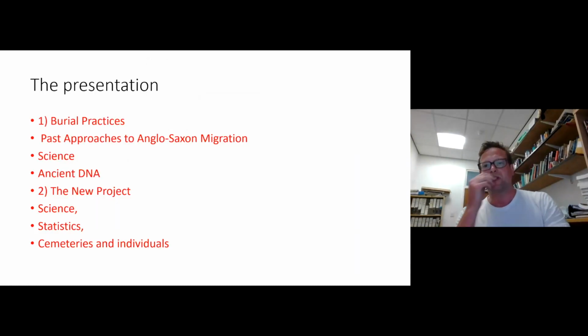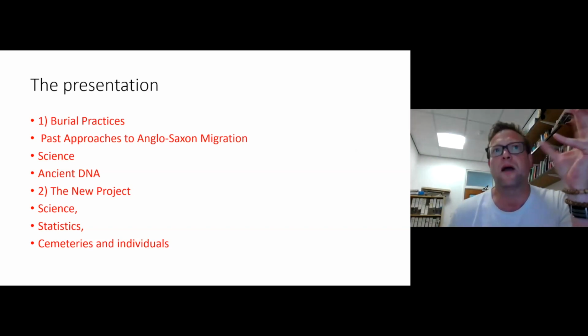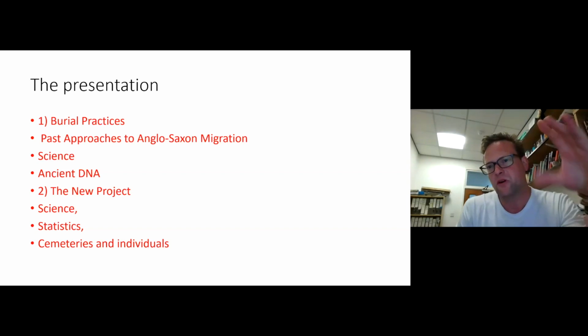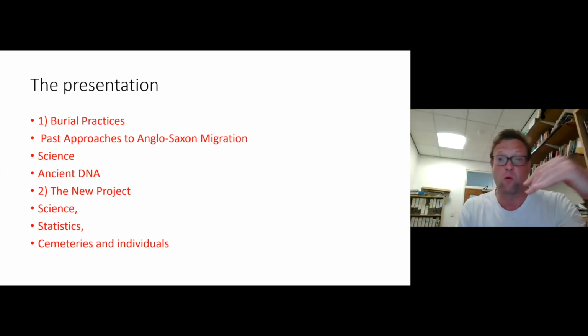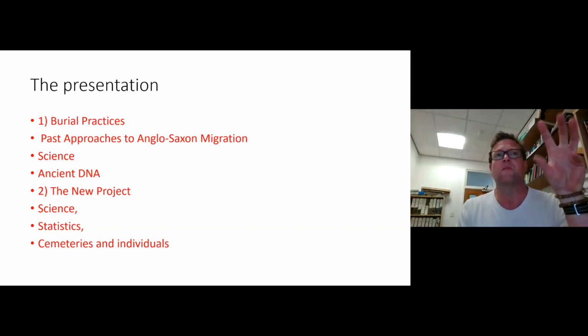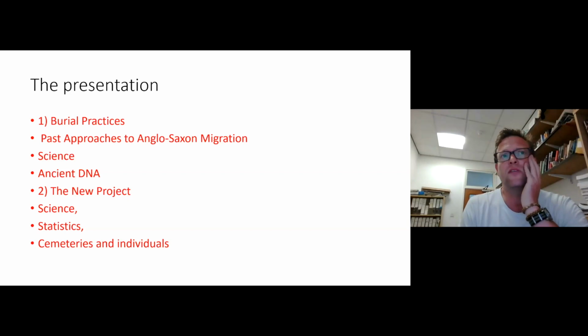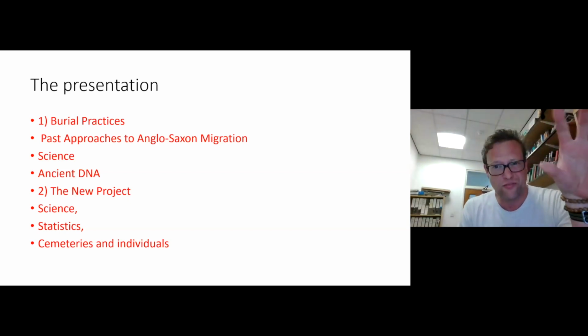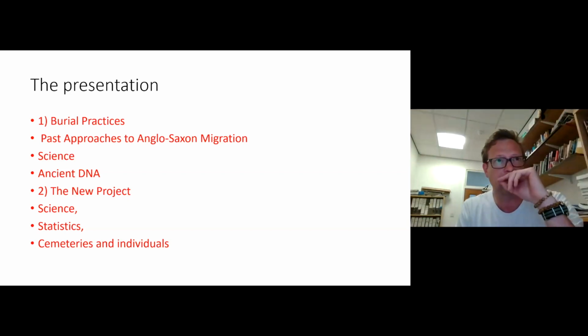So what I've done is split this presentation effectively into two halves. Part one, where I'm going to talk about burial practices and a background, introduce you to past approaches to migration, and then some of the past scientific efforts to unpick that migration question. And then I'm going to start talking about ancient DNA, the first projects that tried to do ancient DNA.